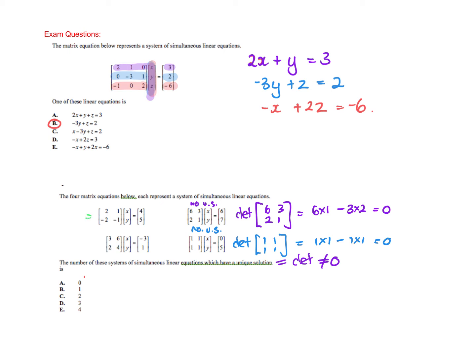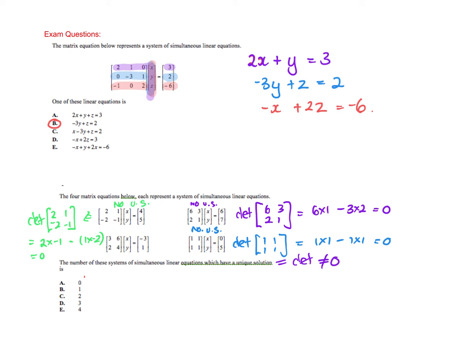Let me do this one here. So det of 2, 1, negative 2, and negative 1 would equal 2 times negative 1 minus 1 times negative 2. So that's going to be negative 2 plus 2, 0. So that one has no unique solution.